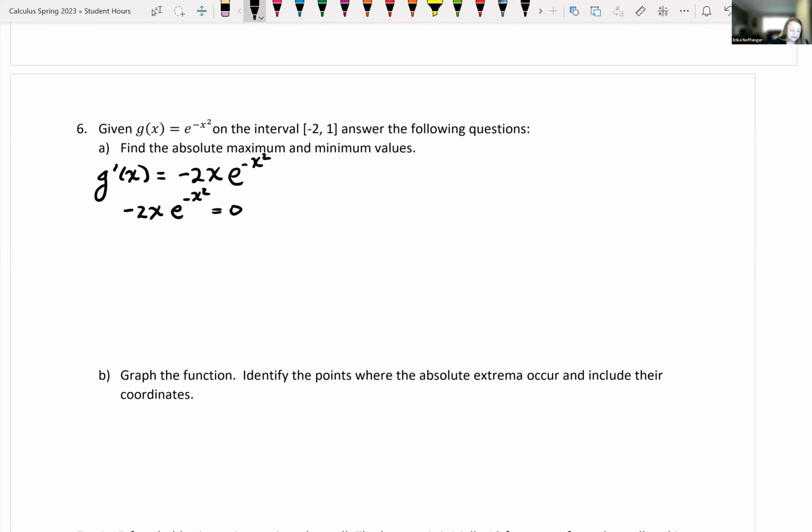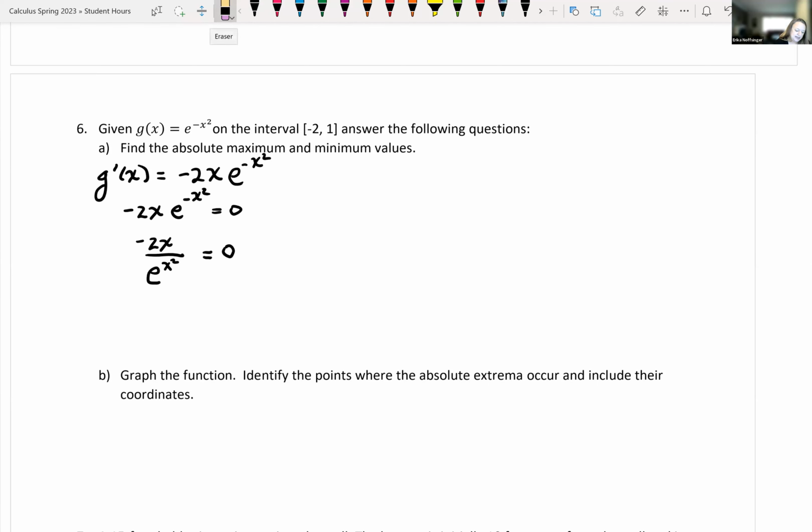Looking at when this is equal to 0, let me rewrite it a little bit. I have -2x, and making the exponent positive on e to the negative x squared, I can bring it down to the denominator. So I have e to the positive x squared in the denominator, equals 0. If I multiply both sides by e to the x squared, I get -2x equals 0.